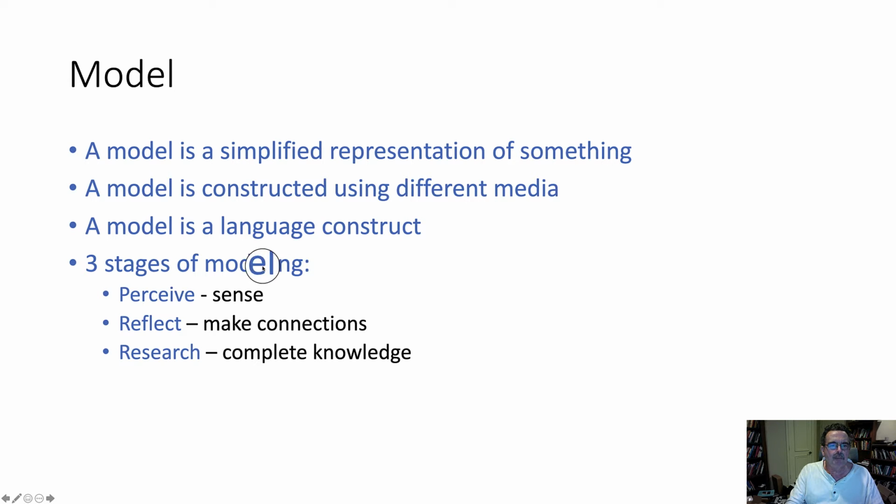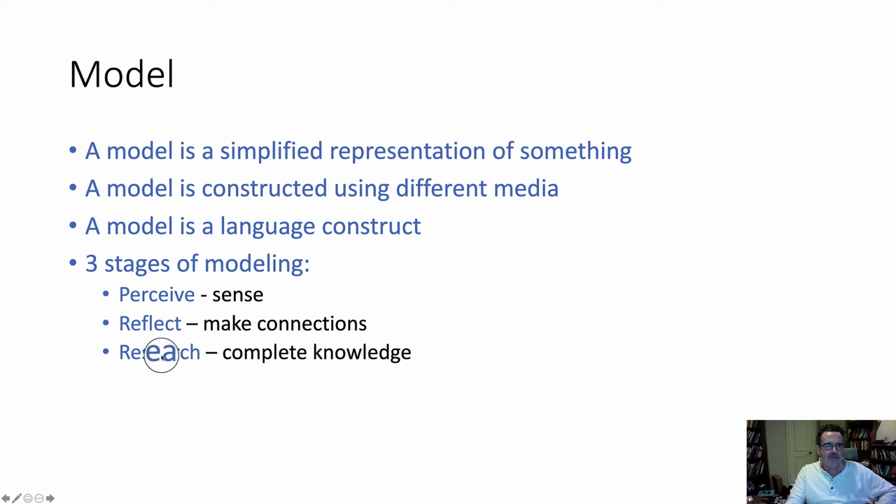So the way we're going to be approaching modeling is a little different than you might find in other classes. We begin by perceiving the world, through our senses. We then reflect on that perception, and that reflection might involve making connections with other things.